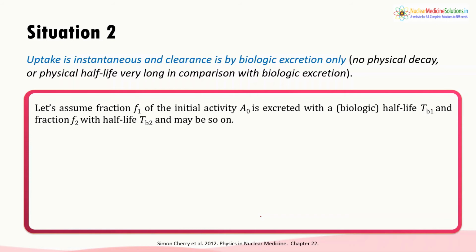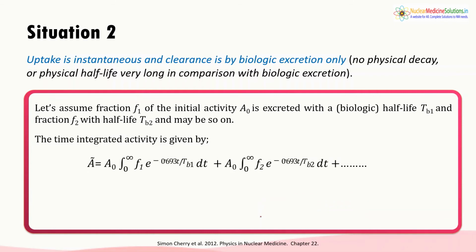So let's assume the fraction F1 of initial activity A0 is excreted with biological half-life of TB1 and the fraction F2 with the biological half-life of TB2, and maybe so on if there are more biological half-lives. So the time integrated activity will become like this.